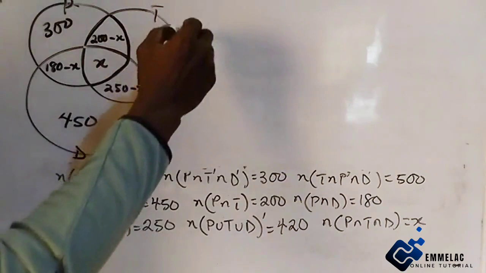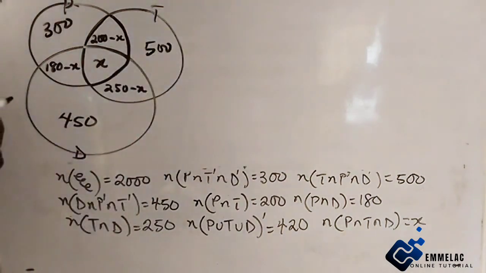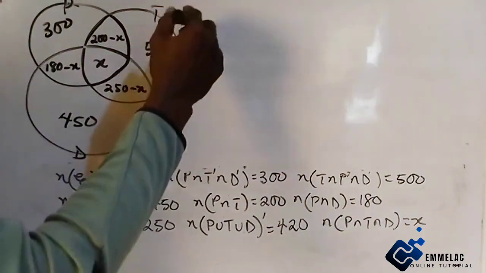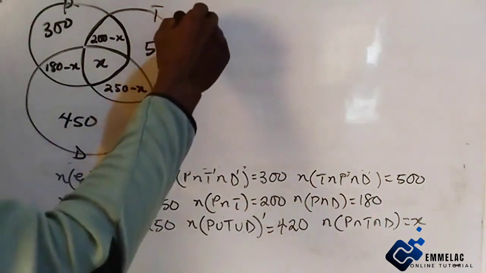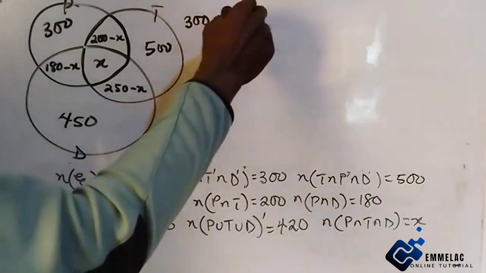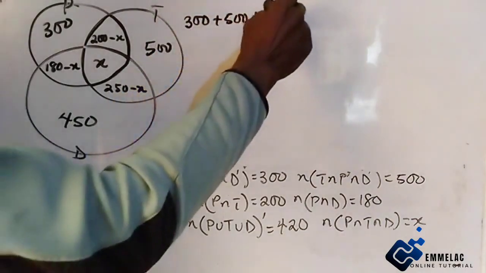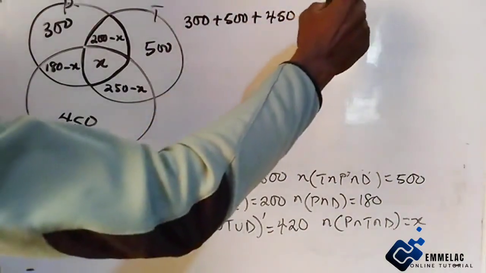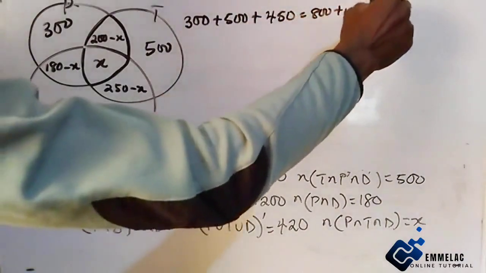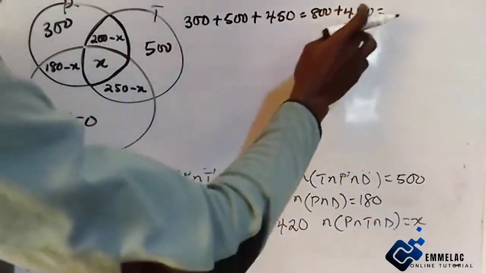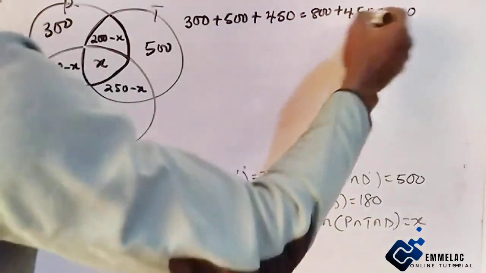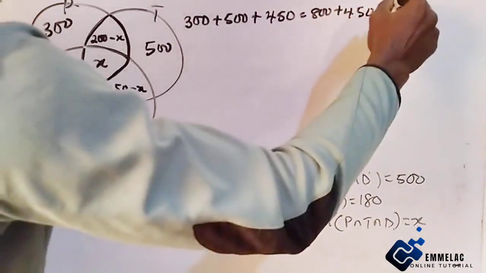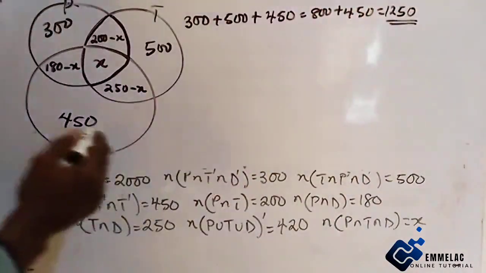For simplicity, let us add 300 plus 500 plus 450. That gives us 800 plus 450, which is 1250.